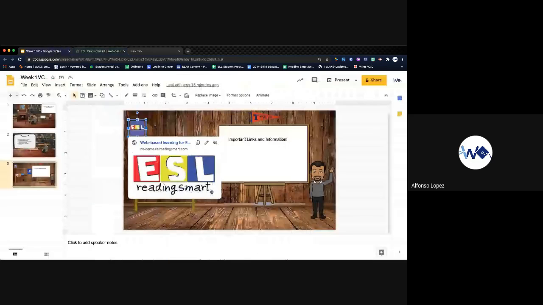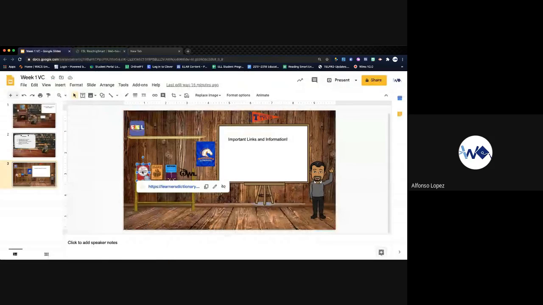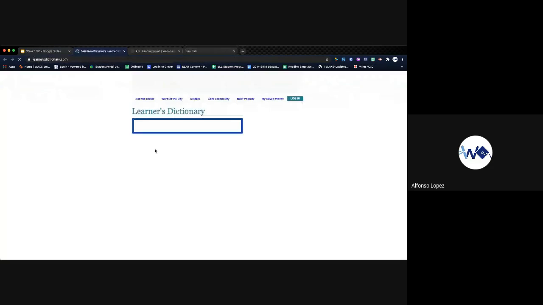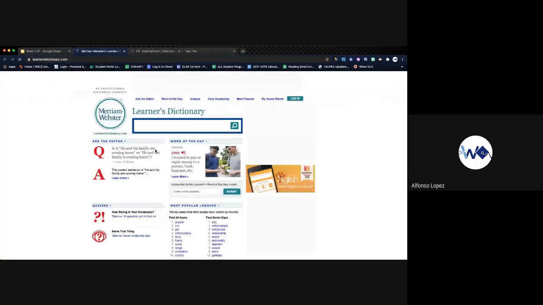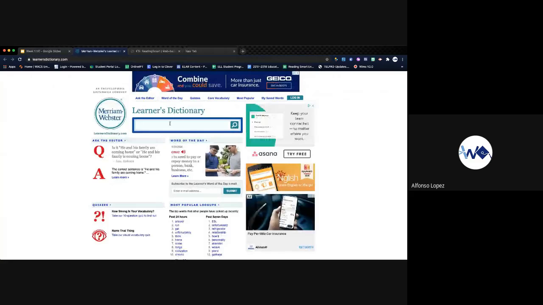So coming back, if you click on this icon, it looks like a dictionary. If you click the link, it'll take you to this website. Now, the great thing about this website is the dictionary for this specific link is really simplified.